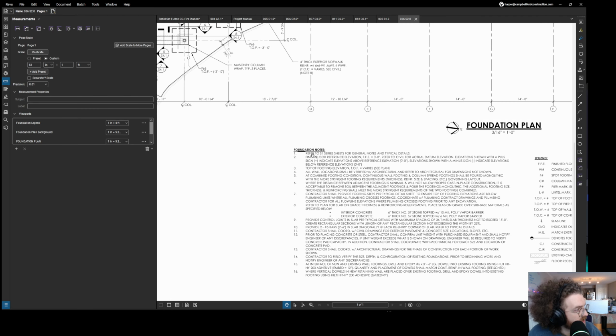But sometimes in these foundation notes, they will include something. Interior concrete right here, 6-inch thick, number 57 stone, topped with 10 mil poly vapor barrier. So that is 6 inches thick for interior concrete that they're looking for. They want it for both.